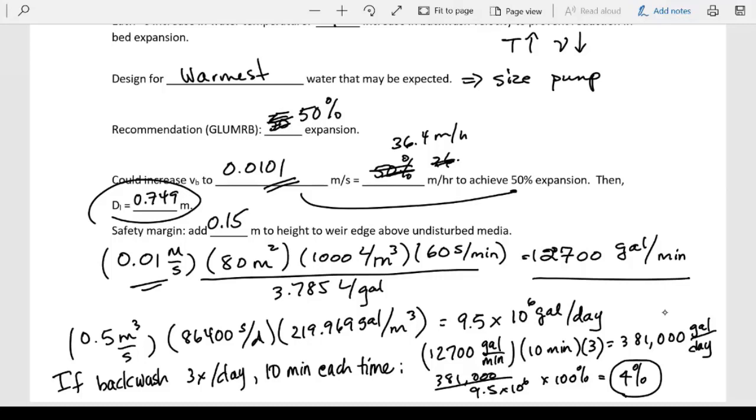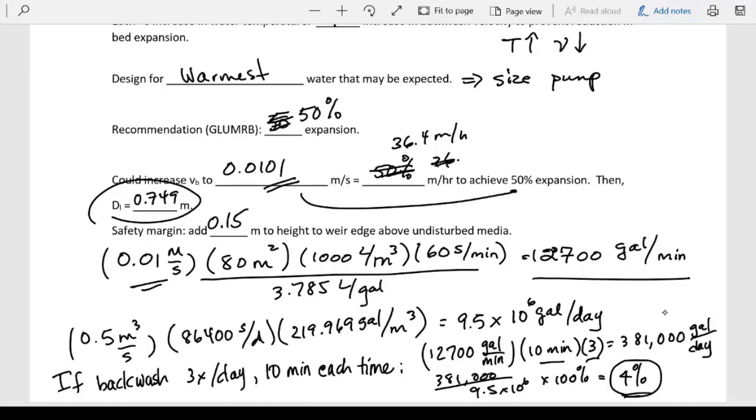We're talking about roughly 10 million gallons per day that we would be producing. And then this is how much water we use every time we backwash, at the backwash flow rate. So if we backwash for 10 minutes, 3 times a day, we're using roughly 380,000 gallons of water in that day. It's roughly 4% of our flow rate.